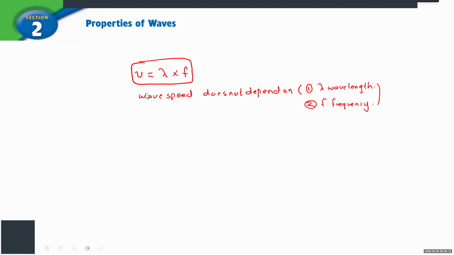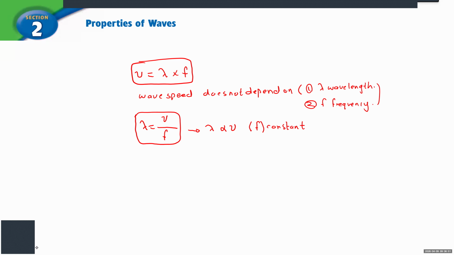Why is the equation v equal lambda times frequency, but wave speed doesn't depend on lambda and frequency? The equation is actually lambda equal to velocity over frequency. So lambda is directly proportional with wave speed when frequency is constant.